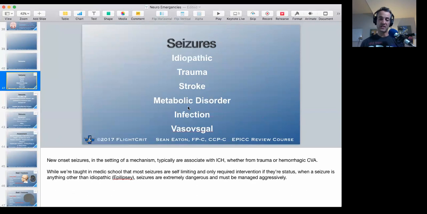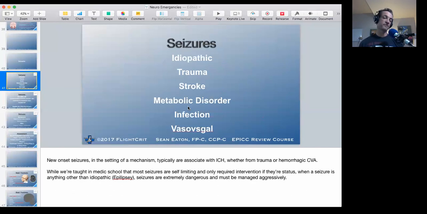We need to manage that ICP with proper positioning, reduction of stimulus, and then our other tricks that we might use to manage ICPs, like sitting them upright, hyperventilation if there is a suspicion that they are herniating with the Cushing's reflex, Cushing's triad, and blown pupil. You've got hypertonic saline or mannitol to try and control those ICPs.